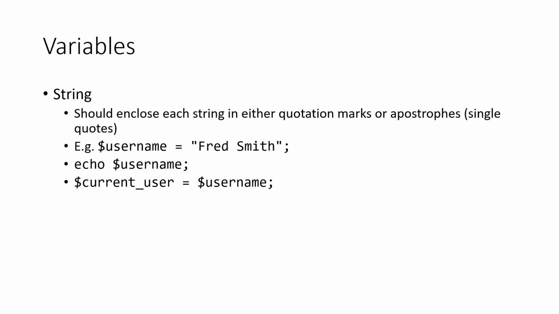For example, when we create variables for string values, we usually use double quotes. In this particular example, it's a string variable that we create as username, and then we assign Fred Smith to the username variable.